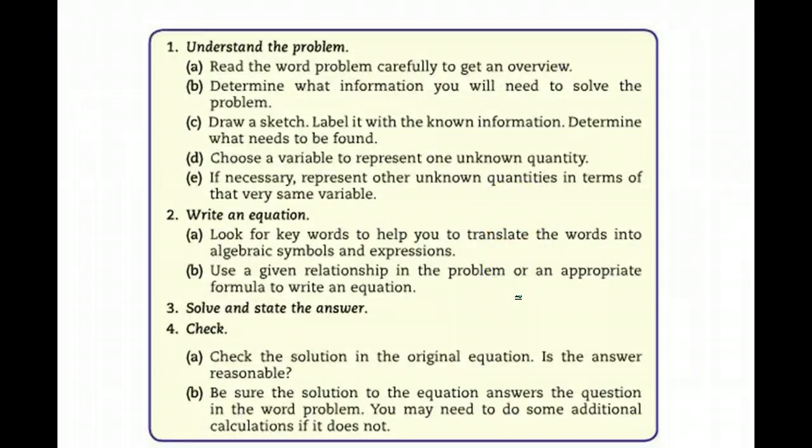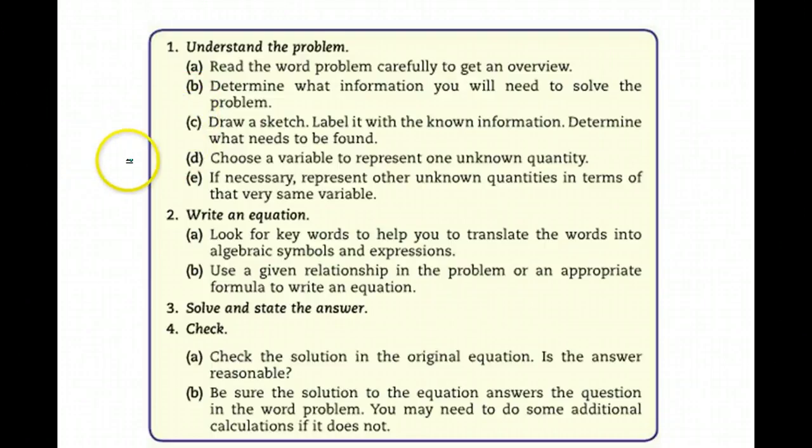You always want to make sure that you are understanding the problem. So you have to read the whole problem carefully to get an overview. Determine what information you will need to solve the problem. Draw a sketch if necessary. Label the known information. Determine what needs to be found.